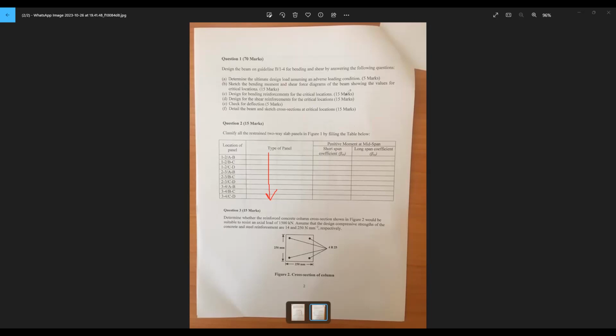Table 3.14, which is page 122, you can find at the top of the table: bending moment coefficients for rectangular panels supported on four sides with provision for torsion at corners. Then you come to the first column, you see type of panel and moments considered. That is what we have done.